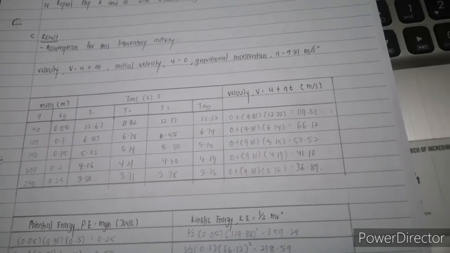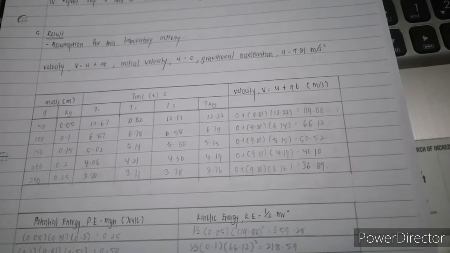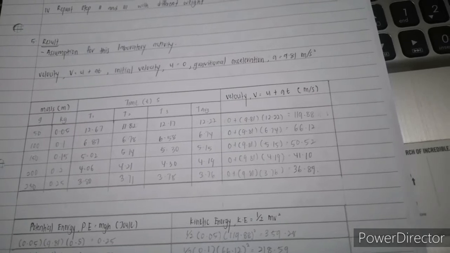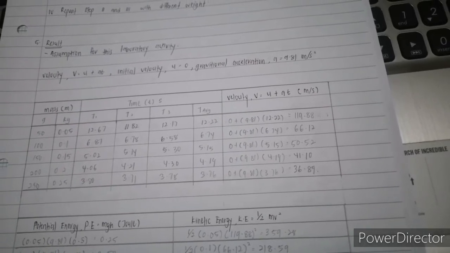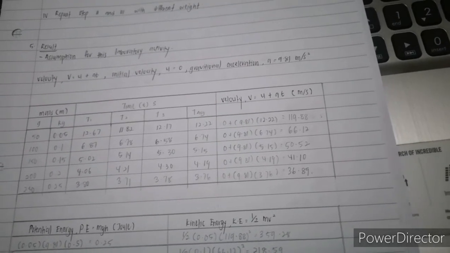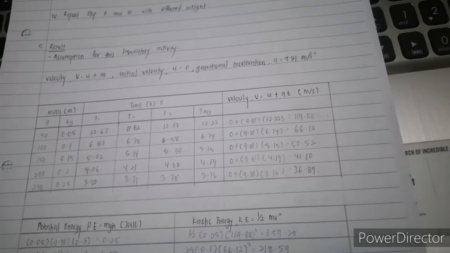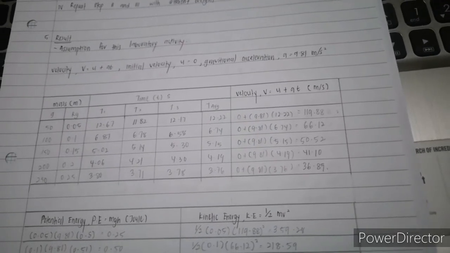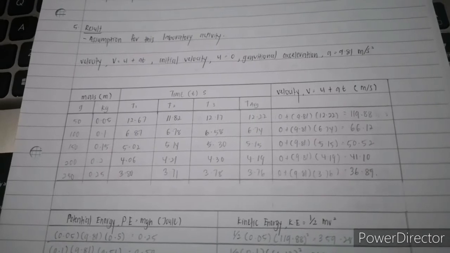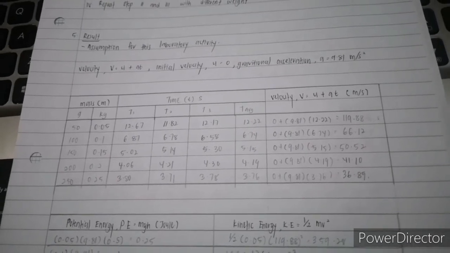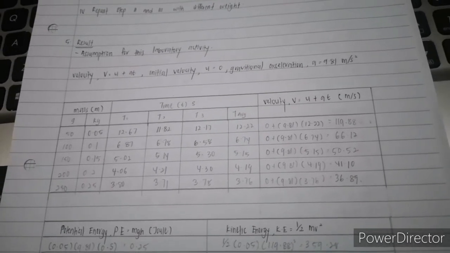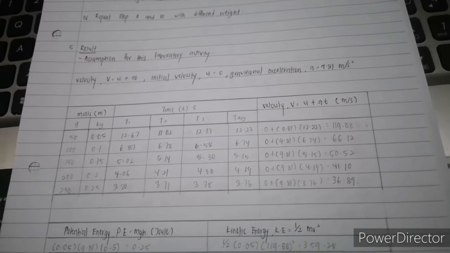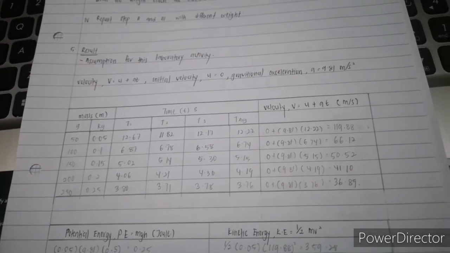And the last one is 0 plus bracket 9.81 multiplied by 3.76 equal to 36.89. Okay, all of table 1 I just explained to you guys, so I hope you understand, and we will continue to table 2.